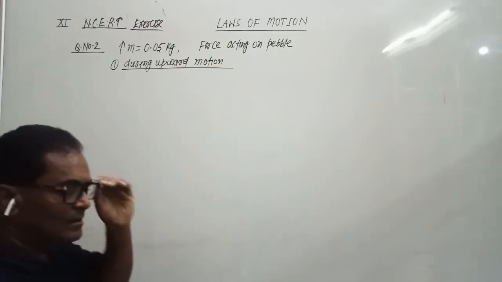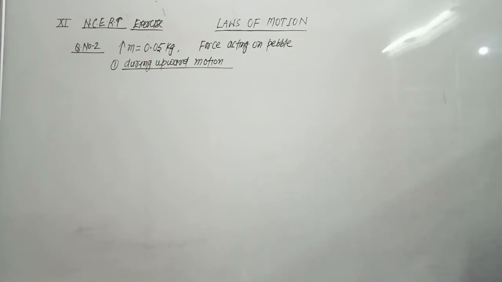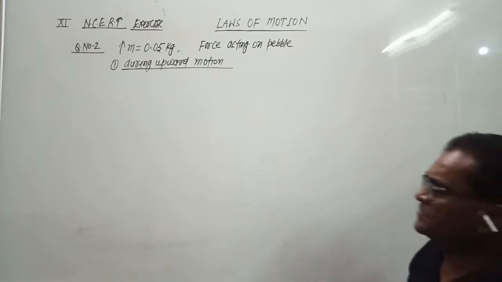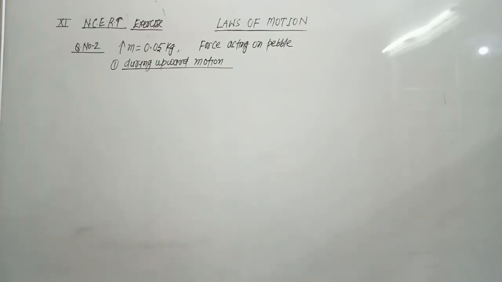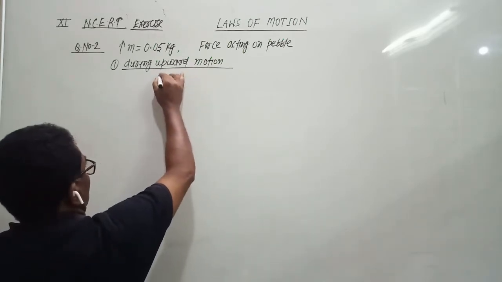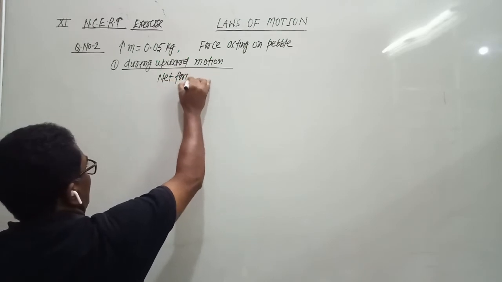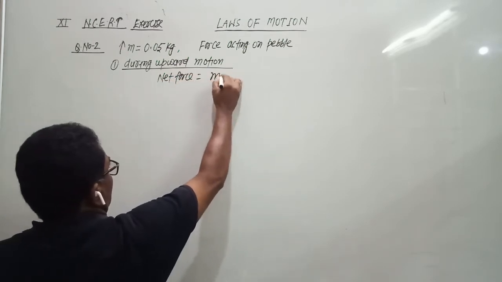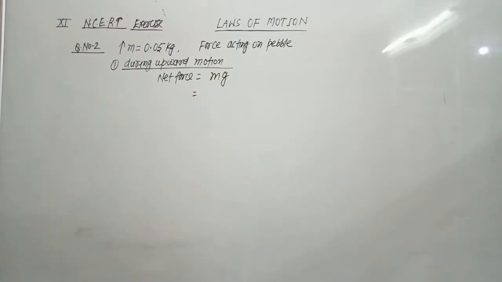When the pebble moves in upward direction, the weight acts vertically downward. So the net force during upward motion is equal to the weight of the body, which is acting in downward direction.